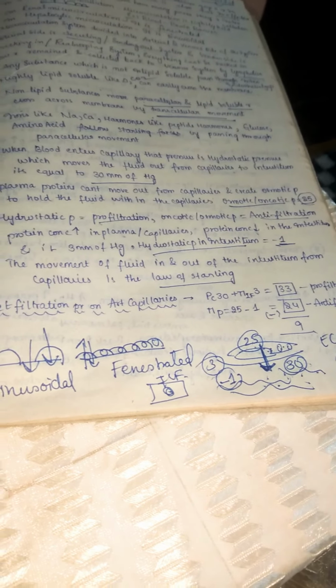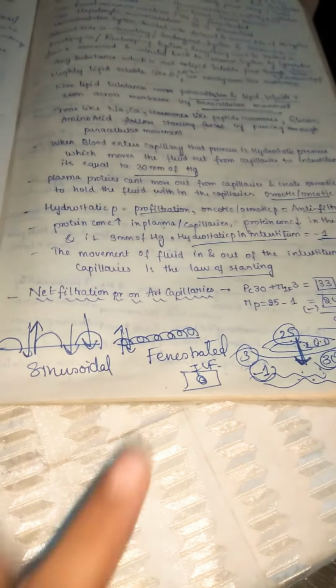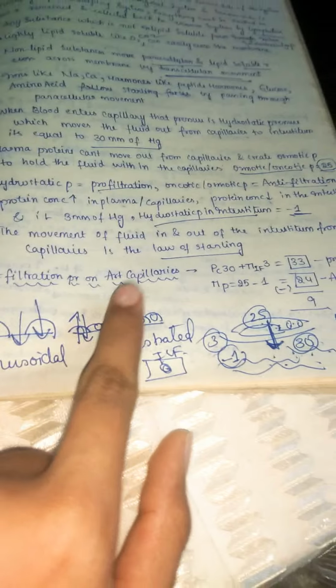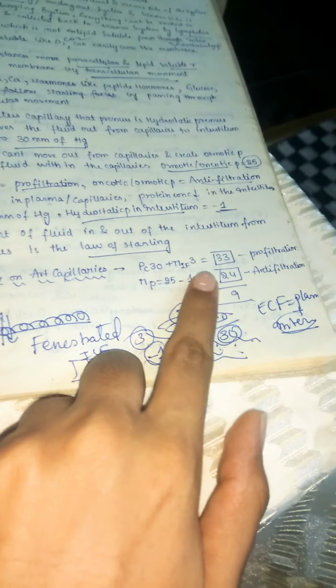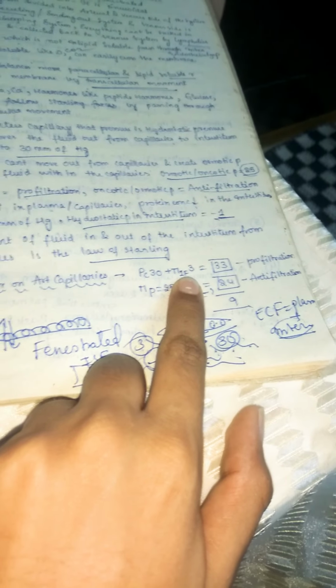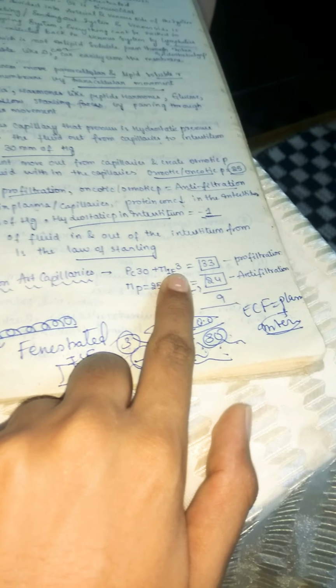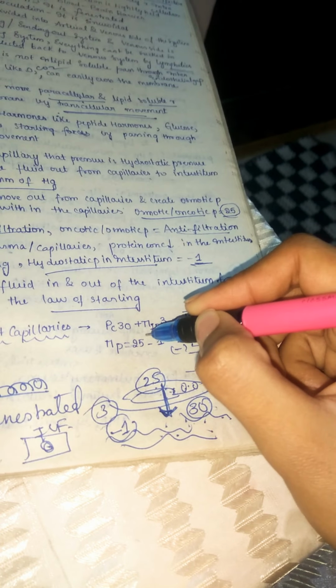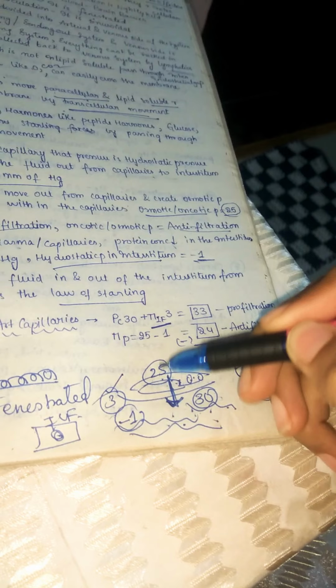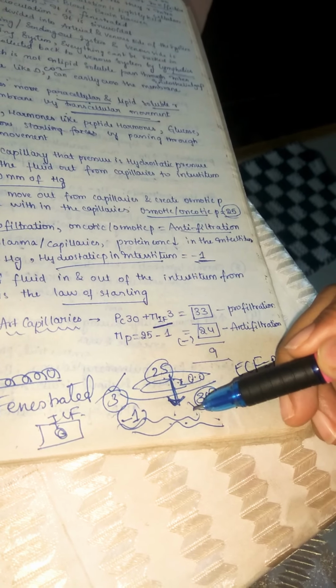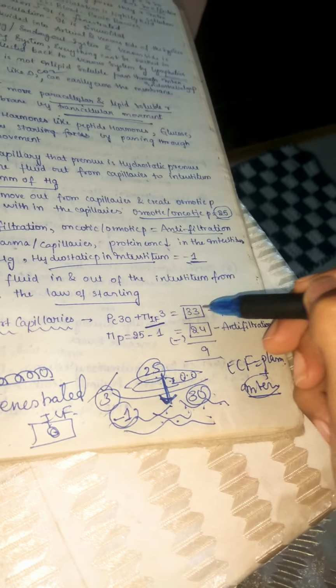Now let us see the net filtration pressure on arterial capillaries. We have seen that 30 is pushing fluid outward, and the interstitial oncotic pressure is 3. These favor moving fluid into the interstitial fluid, so that is 33.